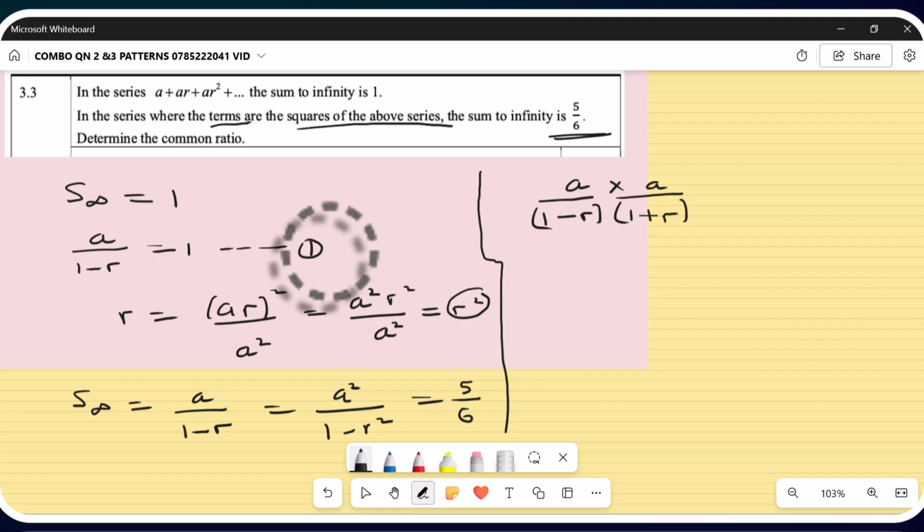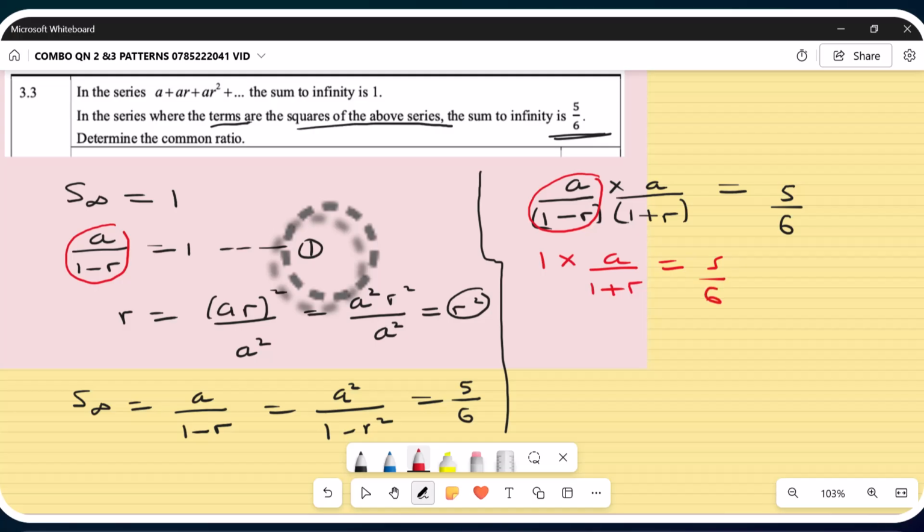But don't forget that our first equation contains the a and the common ratio. I'm looking for the common ratio, so where I have the a, I'm going to put this part here. Remember, it is a over 1 minus r equals 1.